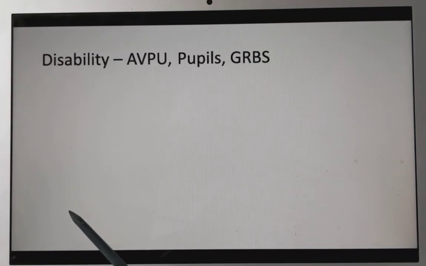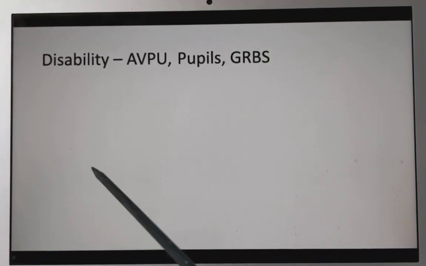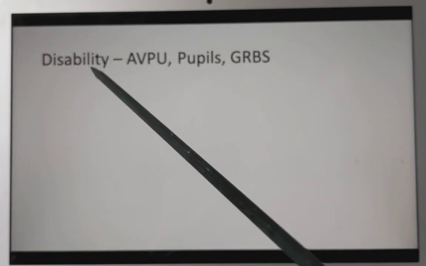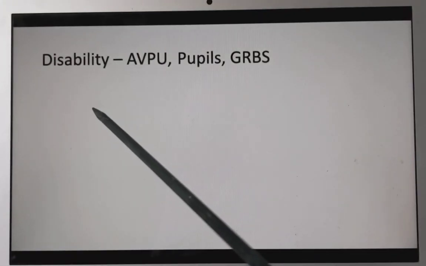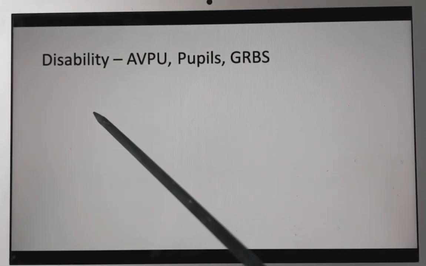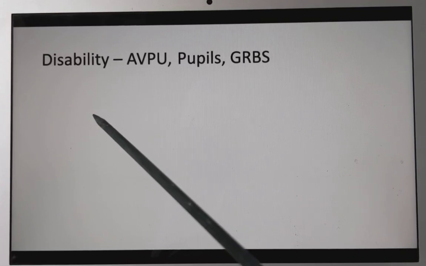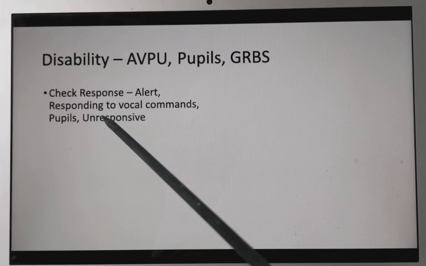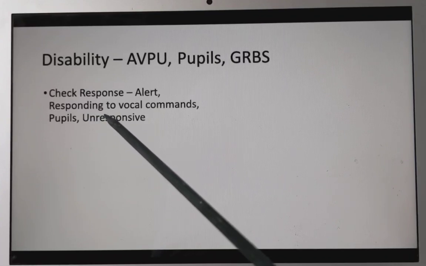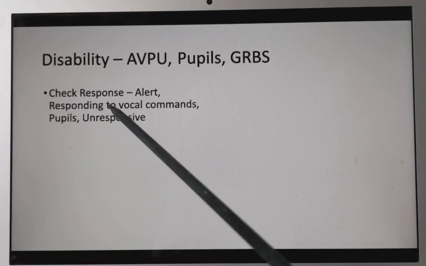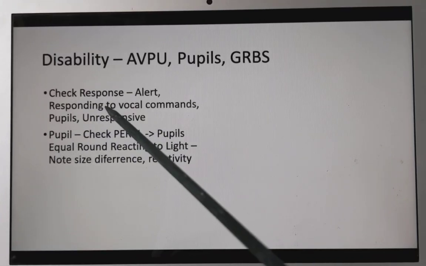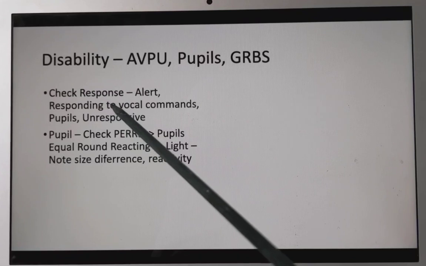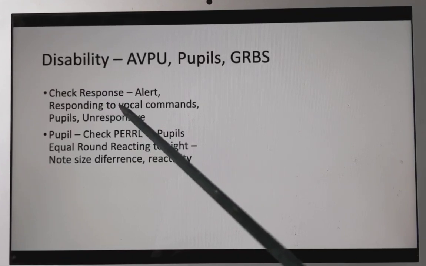So now, coming to disability, we are still in the primary survey. After we've sorted out A, B, C of the patient, we're coming to disability. The things that we need to check for is basically, is there anything acutely wrong going on with the patient, their brain, their central nervous system, that needs correction and quick identification.